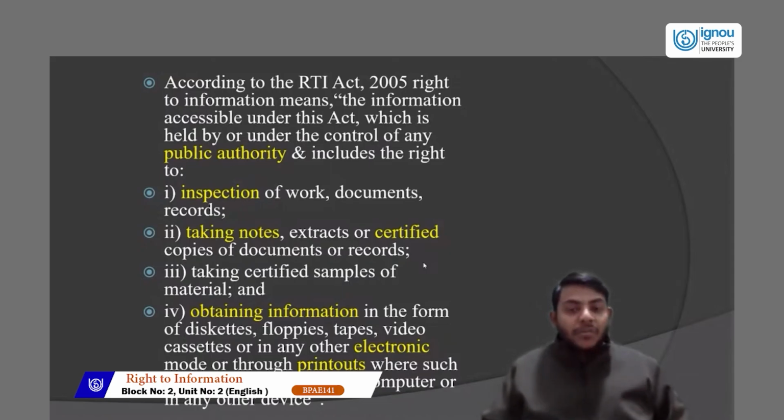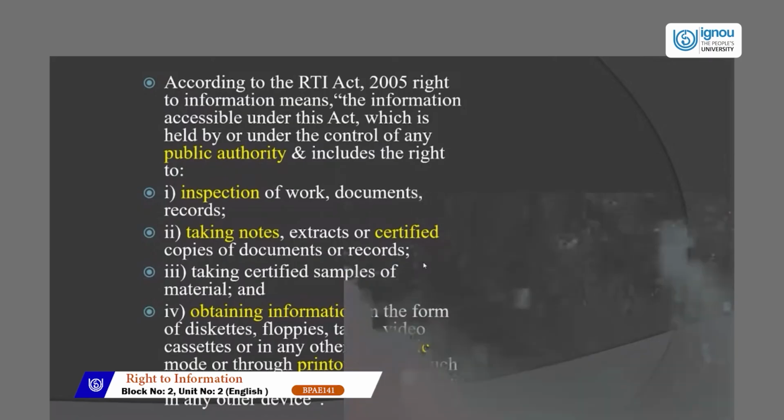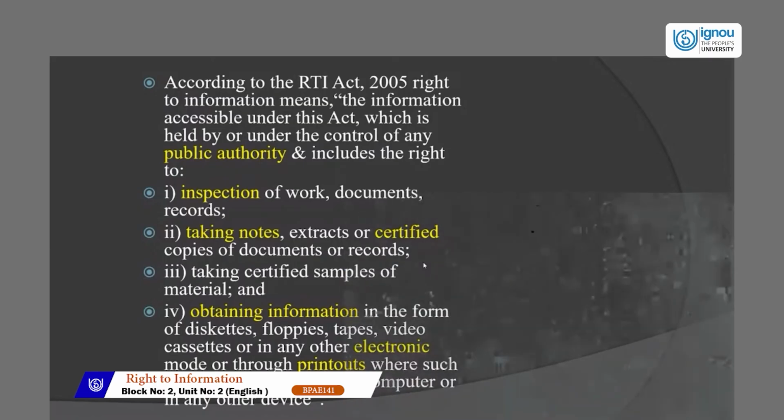The first is pertaining to the inspection of work or documents or records. The second is pertaining to the taking of notes or extracts or certified copies of documents. The third is relating to the taking of certified samples of materials.